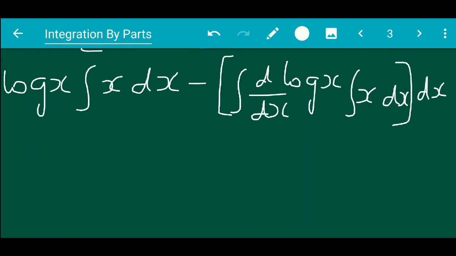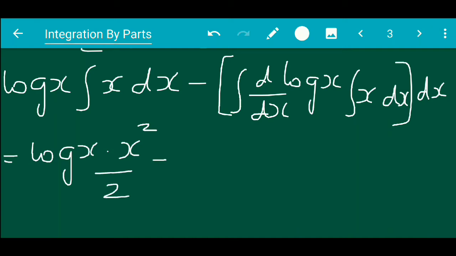Okay, now solving it, we get log x into, what is the integral of x? Yes, it is x square upon 2. So, the first part is already solved for you, log x into x square upon 2 minus, now what is the differentiation?